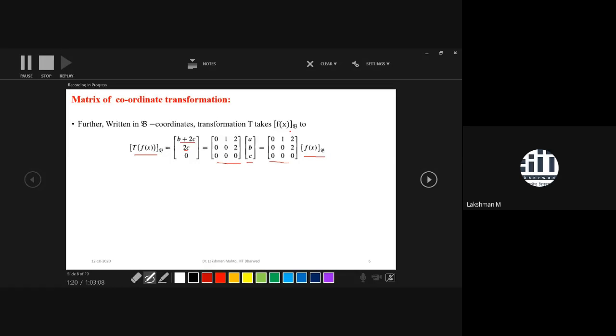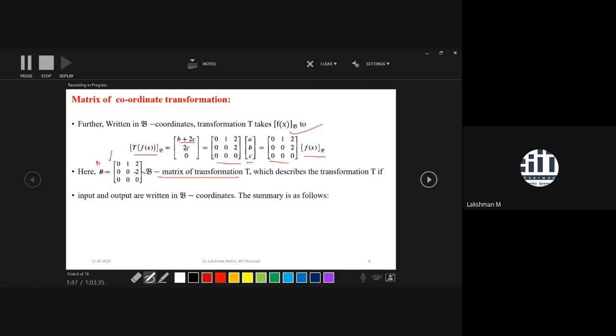So this is your desired matrix, which you got through inspection. Here it would be the beta matrix, the beta matrix of the linear transformation T, which describes the transformation T. This is the matrix, and it says that the input and output are in beta coordinates.